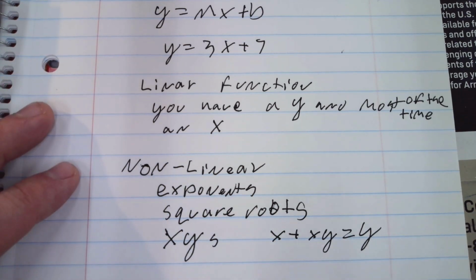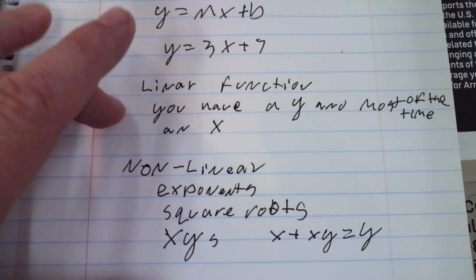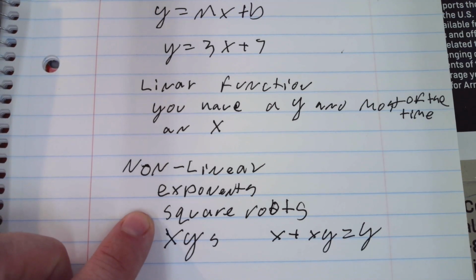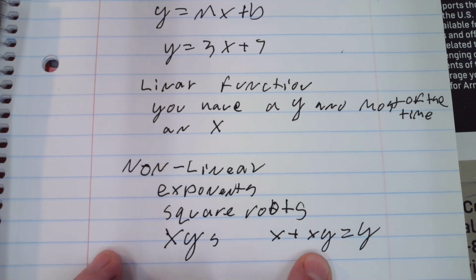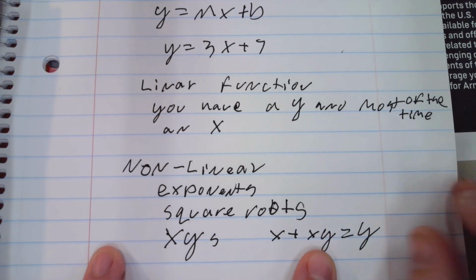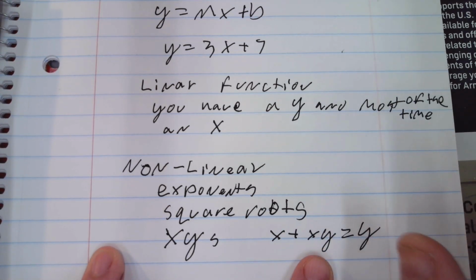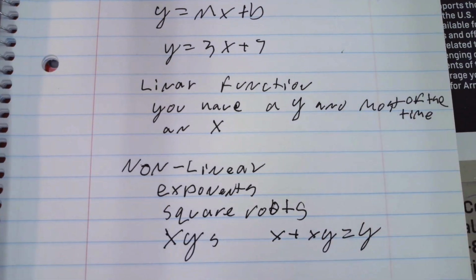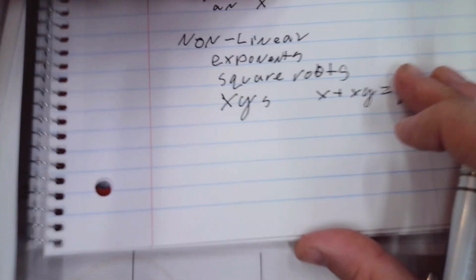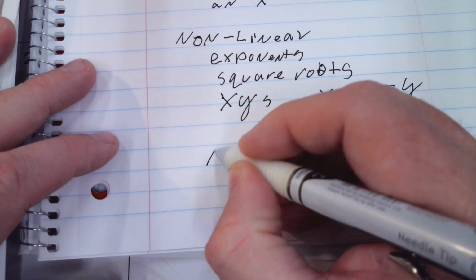This one's a little more complicated. So basically, linear is less complicated. Anything that looks confusing or weird, like exponents or square roots, that's going to make it nonlinear. That's going to mess with the graph a little bit. And so that's going to change things. All right, let's do this. Let's see if this is linear.